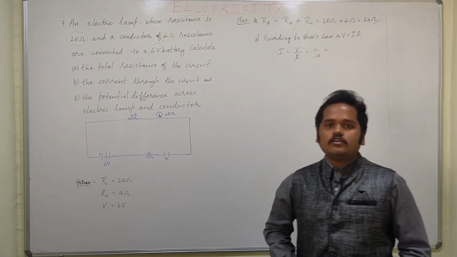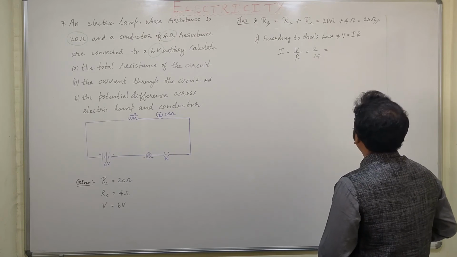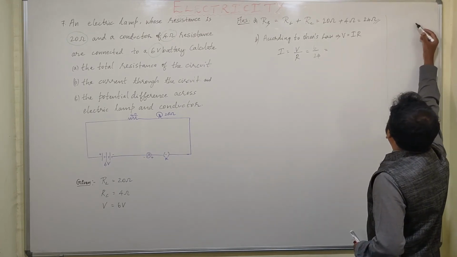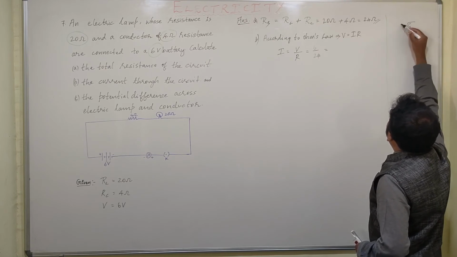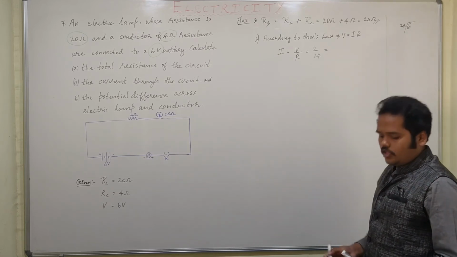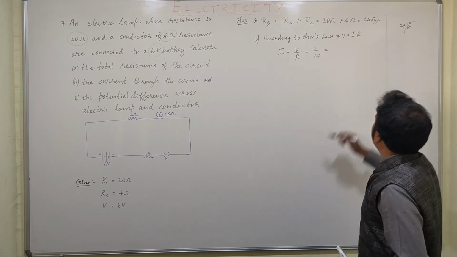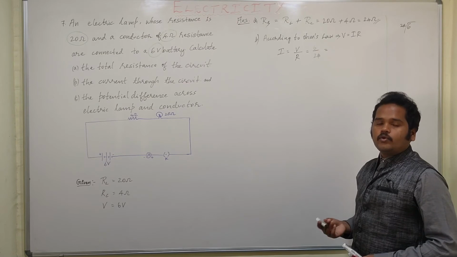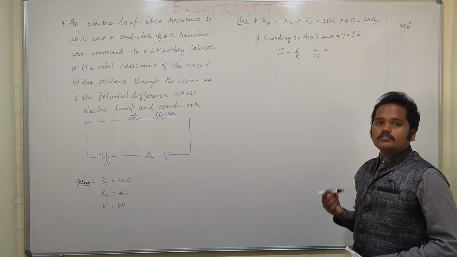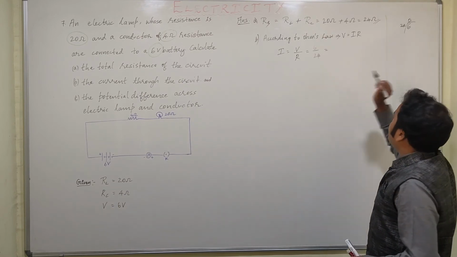So let us do it in the right column. 6 is getting divided by 24. We can't divide, since 24 ones is 24. So we obviously need 0 point. So you can write 0 point. The moment you write 0 point, you can add a 0.